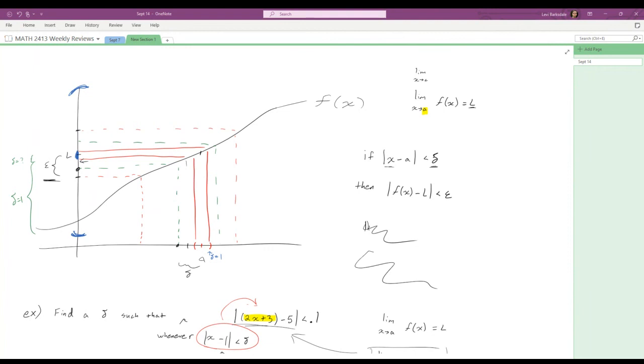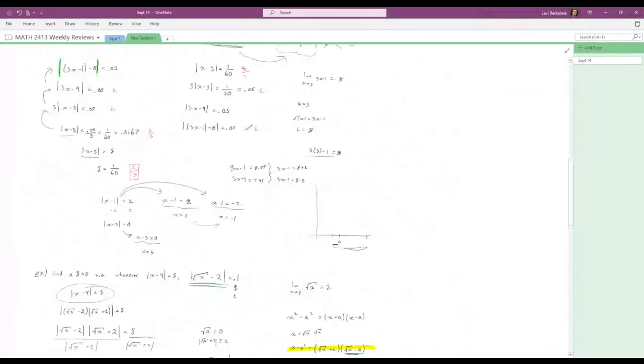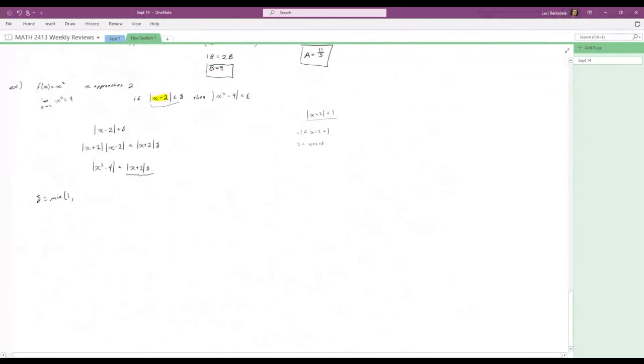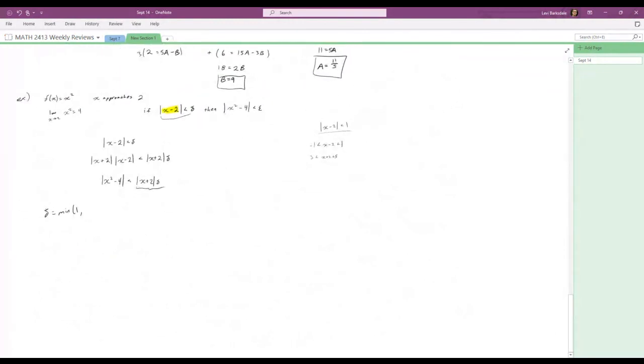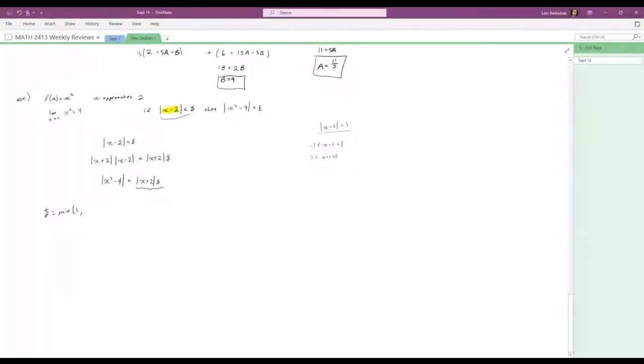If they give us a big epsilon, we can go to the delta that we picked, delta equals 1. If they give us a little epsilon, that's why we're taking the minimum of 1 and something else. We can say, if you gave us a big epsilon, I'm going to make delta equal to 1. If you gave us a small epsilon, I'm going to make delta equal to something else. But by ignoring all the big epsilons, we can say something about the smaller epsilons.